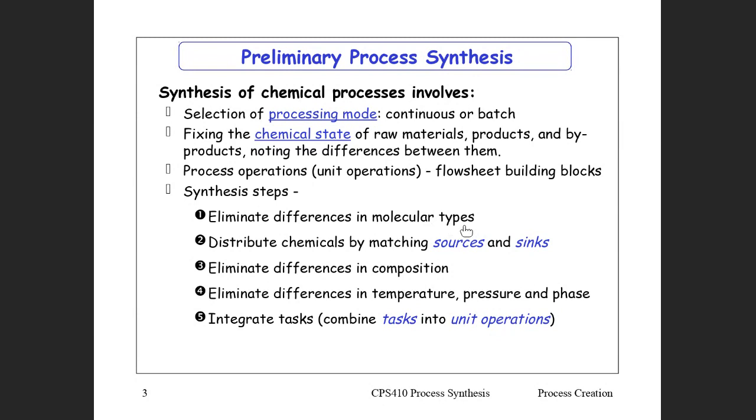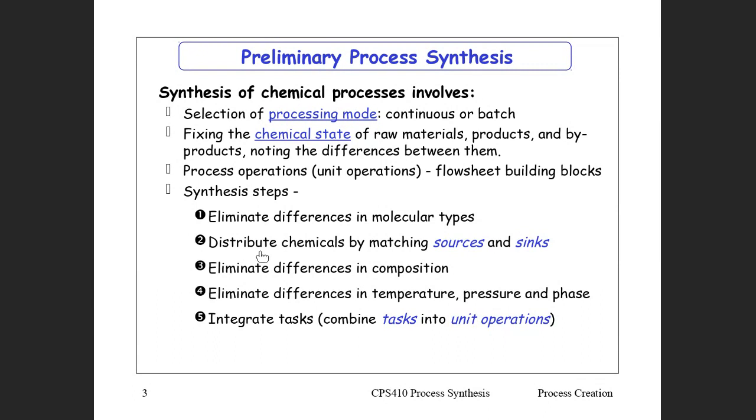You need to react something with it so that you can make the correct molecular type. So it's a rather obtuse way of saying do chemical reactions. So step number 1, do chemical reaction and decide which chemical reaction you're going to use.